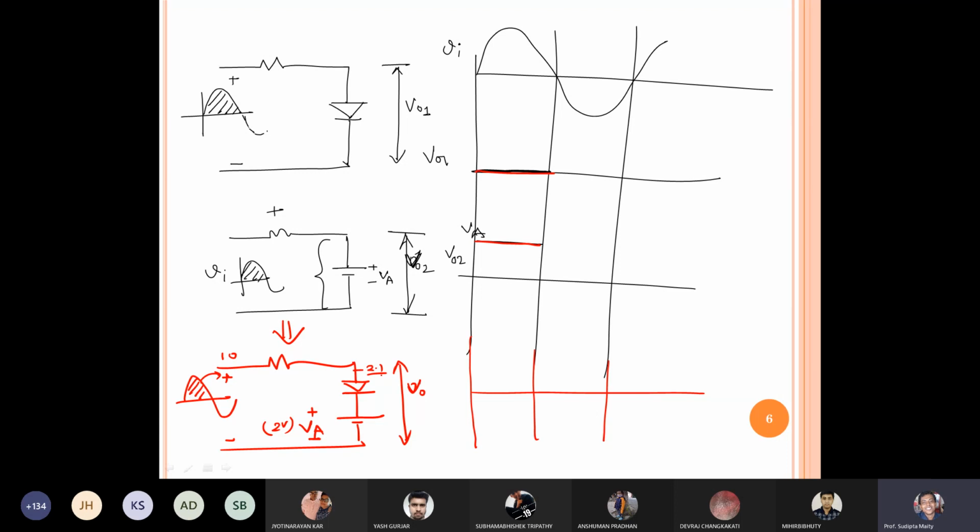Agree? Yes, sir. The current will also flow if it is 6.5 volt. Agree? Yes, sir. Okay. In this case, what will be the voltage across the diode? 0 volt. Because if the input voltage is more than 2 volt, the voltage drop across the diode will be 0 volt.